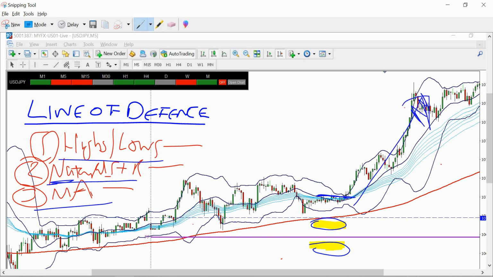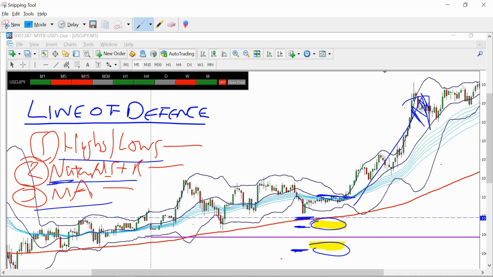But again, just showing you here how and where you can start using highs, lows, and natural resistance, because the low is technically over here, which made sense that you would put it just below the natural support and resistance level, and that's your more conservative approach.